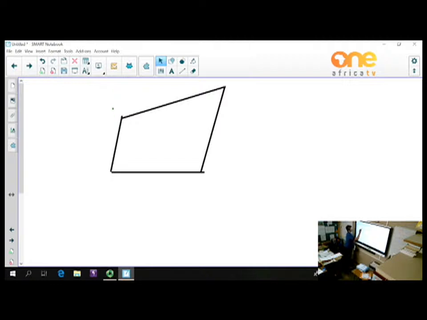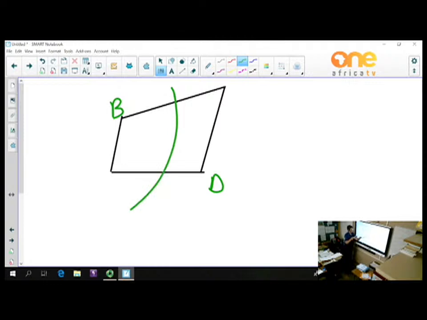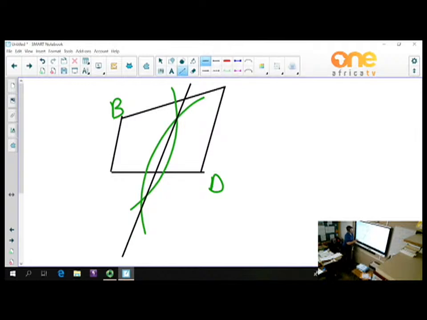Now, this is B and this is D. So the perpendicular bisector means now it's of this line here between them. So you will put your compasses on B and draw an arc. And you will put your compasses on D with that same length. And this is then where we draw the perpendicular bisector of BD.